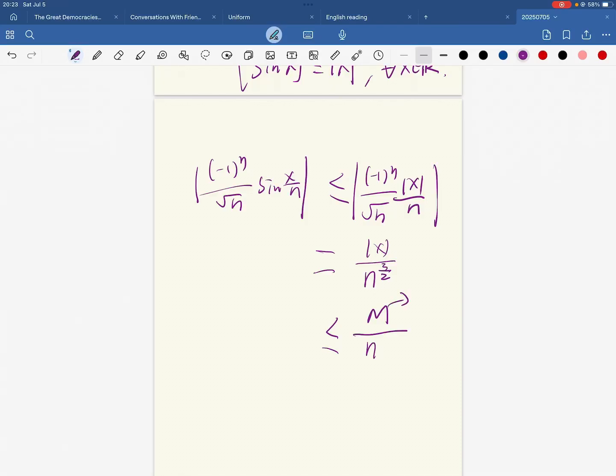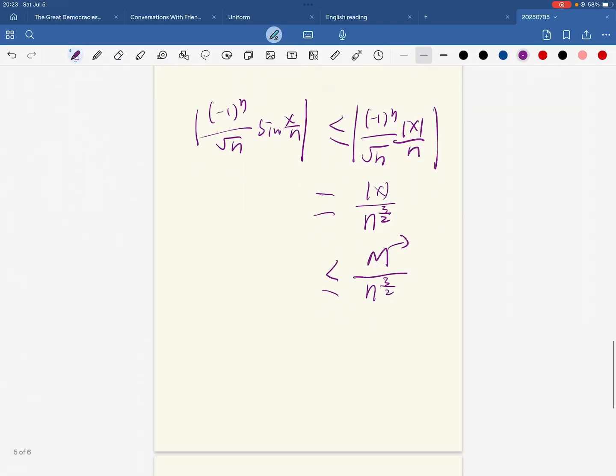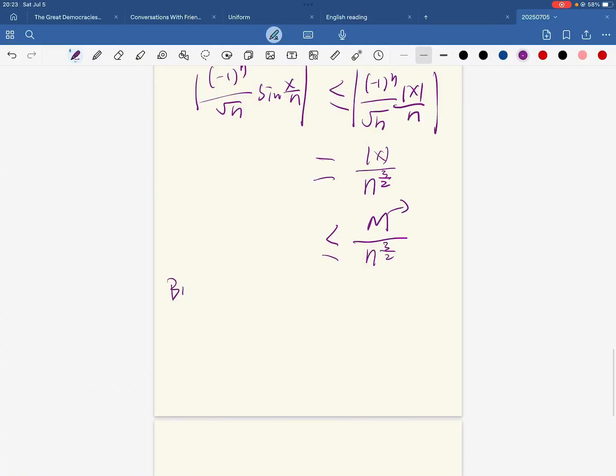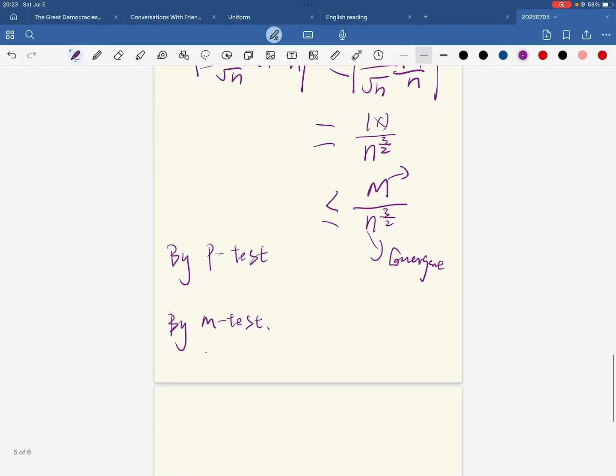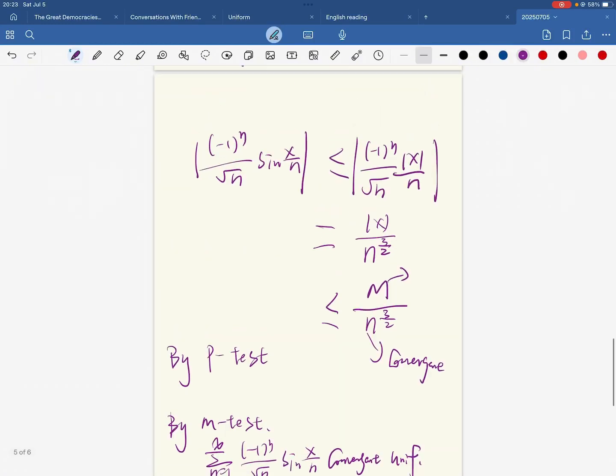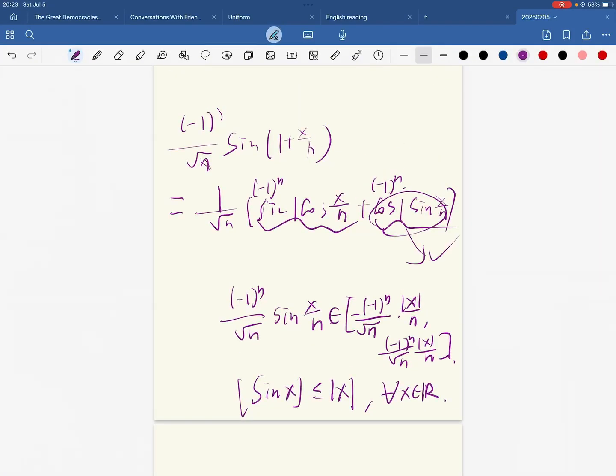Let's define it as M. And by the p-test, this is convergent. So by the M-test, it converges uniformly. So we have proved this is actually uniformly convergent.